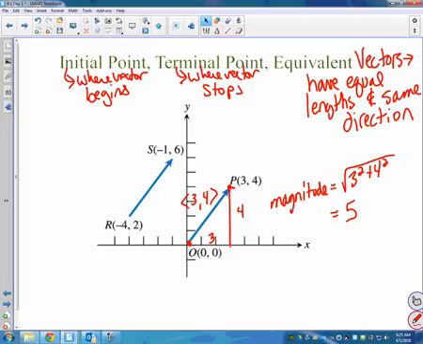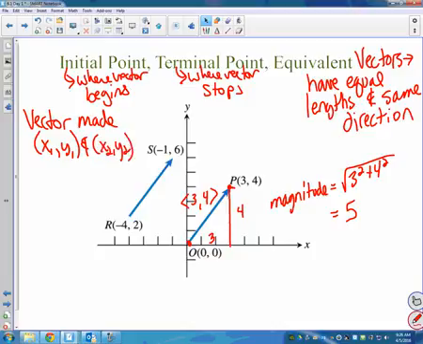So if you have a vector that's made by 2 points, one not being the origin, so a vector made with x1, y1 and x2, y2, instead of starting at 0, 0, where you can just say that's the component form, to find the component form you're just going to subtract the initial x-coordinate from the terminal x-coordinate.